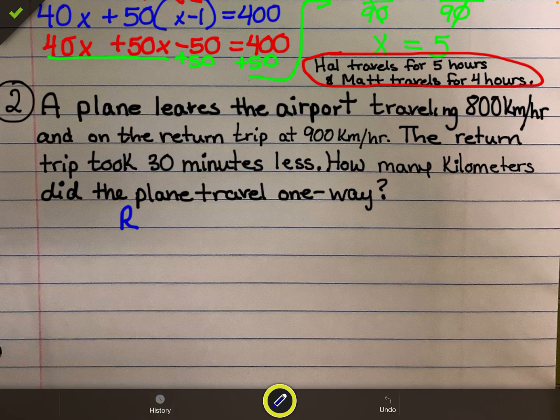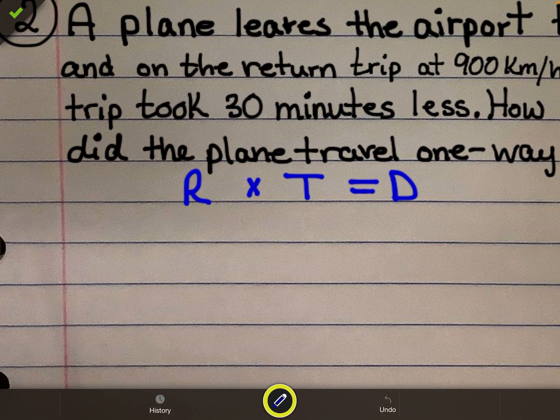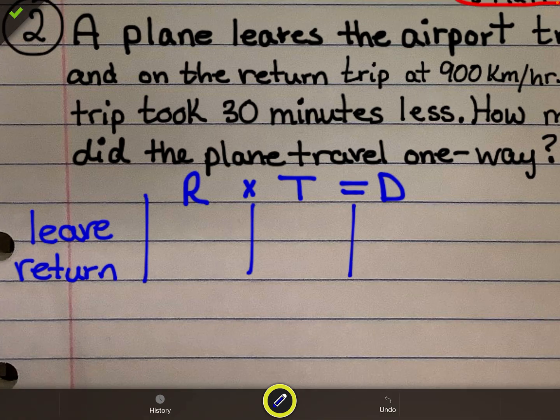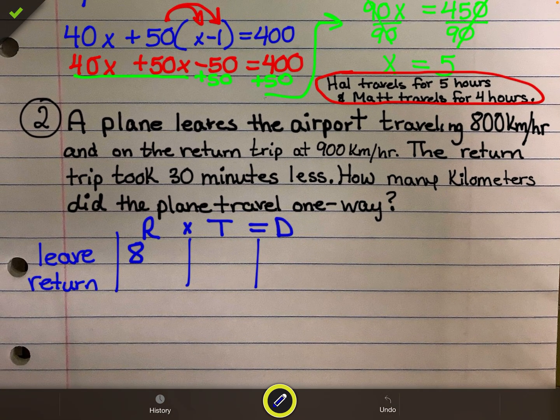So rate times time equals distance. We have the plane leaving and then the plane returning. The rate leaving is 800. The return is 900. If the leave time took X hours, the return trip took 30 minutes less than that, so that's X minus 1/2.